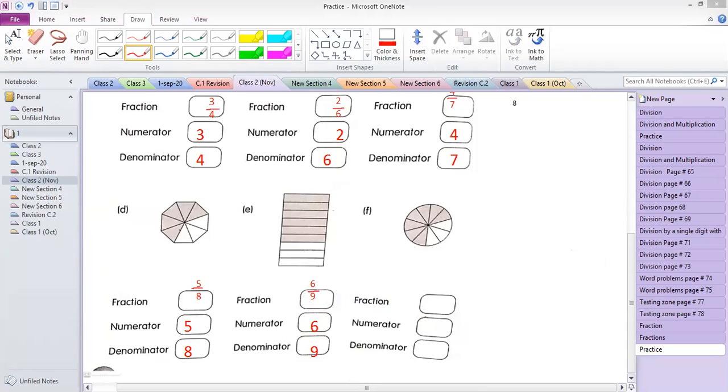Okay. Now coming to F. In F you have to tell me how many total parts are there. Then you have to tell me how many parts are shaded and what is the fraction. Can you tell me the denominator in F?